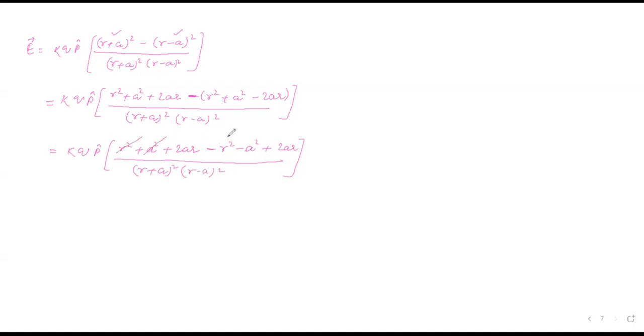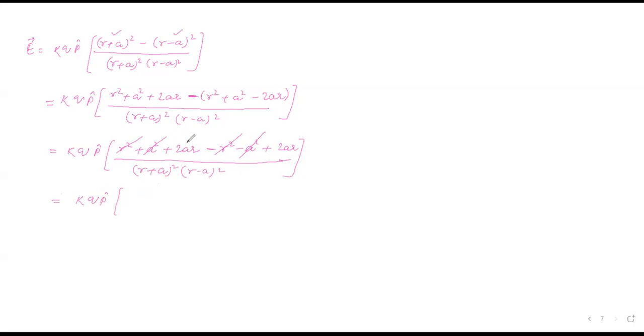R square and a square will cancel with minus r square and minus a square, because plus r square minus r square is cancelling here, and plus a square and minus a square are cancelling. And now what we get? We get kq into p vector, 2ar.